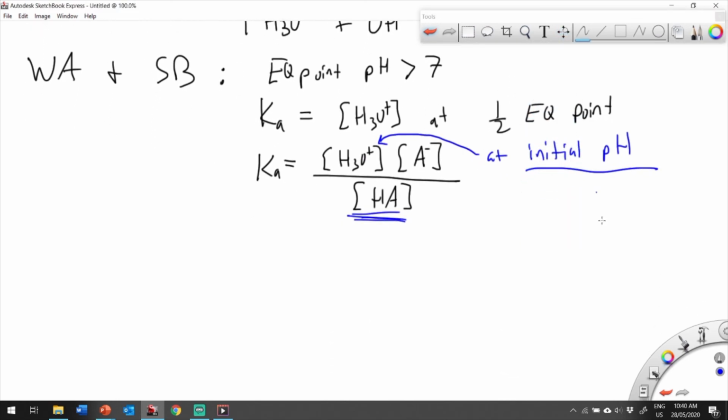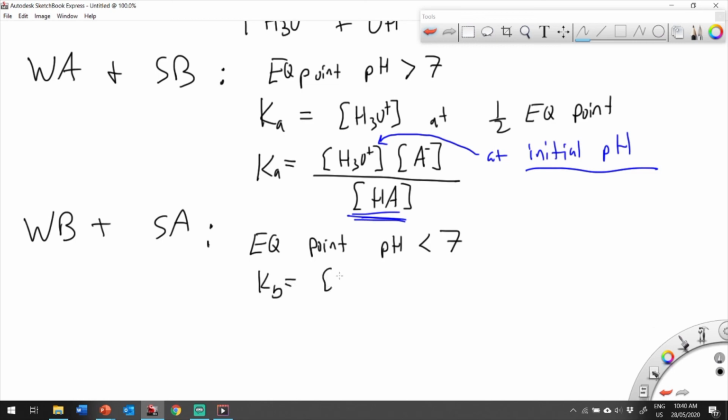And then for the third type, which we did not do an example of, but it's really the same as the previous one, we just swap some values around. So weak base, strong acid, the equivalence point will be at pH less than 7. We calculate Kb as the concentration of hydroxide at the half equivalence point.